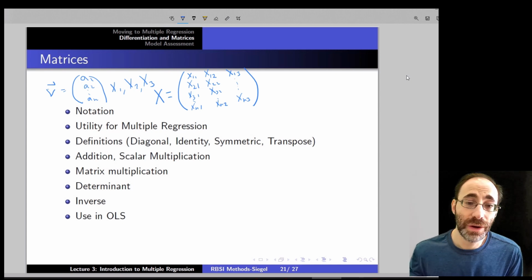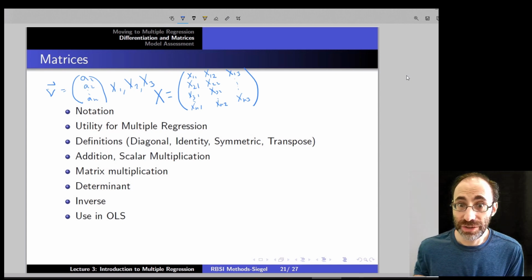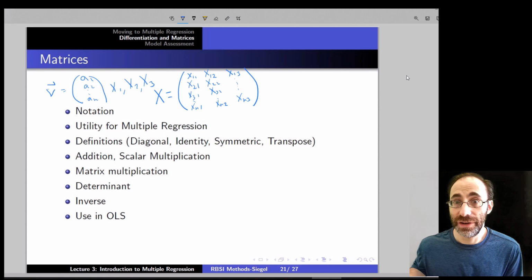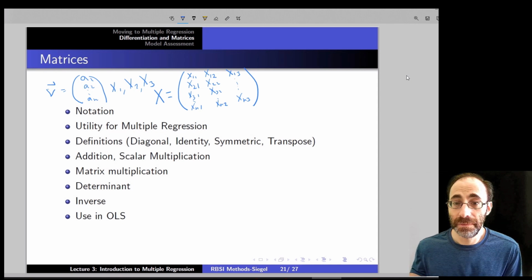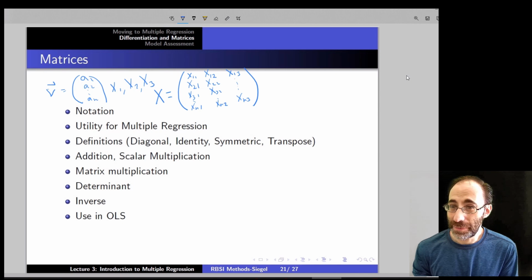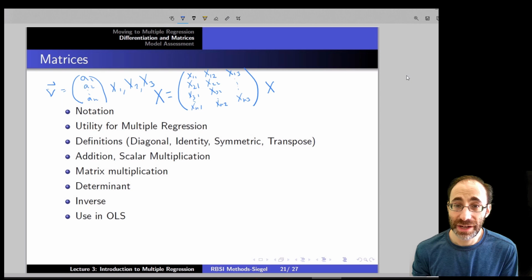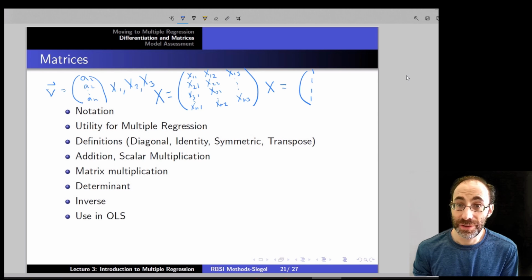How is this useful? Well, as a first pass utility, it's a way of storing all of our data for all of our independent variables in our multiple regression. We can do the same thing if you wanted to use the same notation from before, where we had independent variable x and a control z and a constant. The first column would be the constant, and I'm just making 4 data points to make my life a little easier.